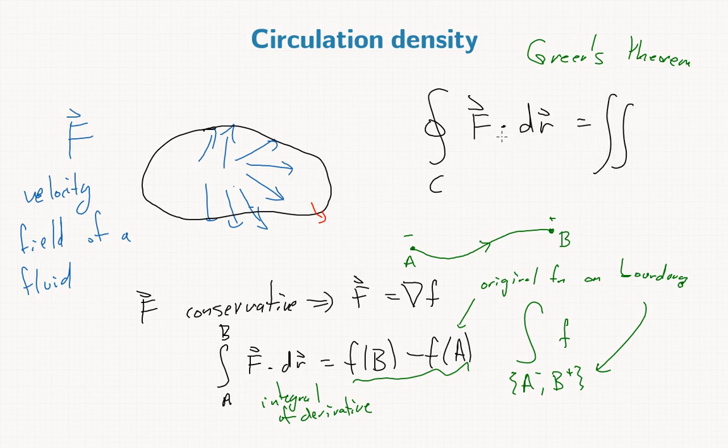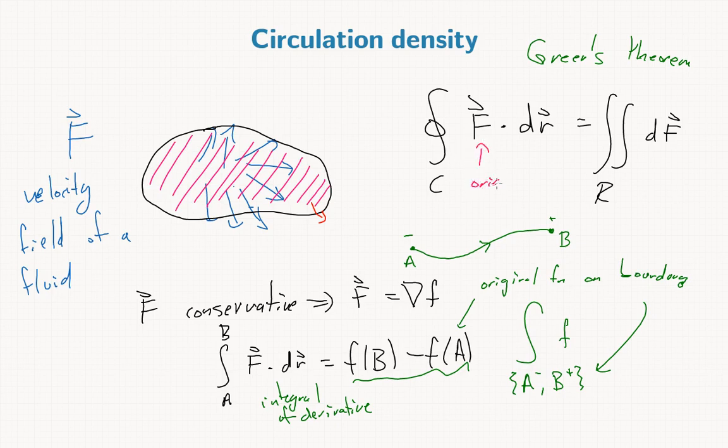We can evaluate the integral of F over C by taking the derivative of F and integrating that over the region R, which is enclosed by C. So now this is the original, and C is the boundary of R. Here, derivative is in quotes. I'll have to specify exactly what kind of derivative this is.